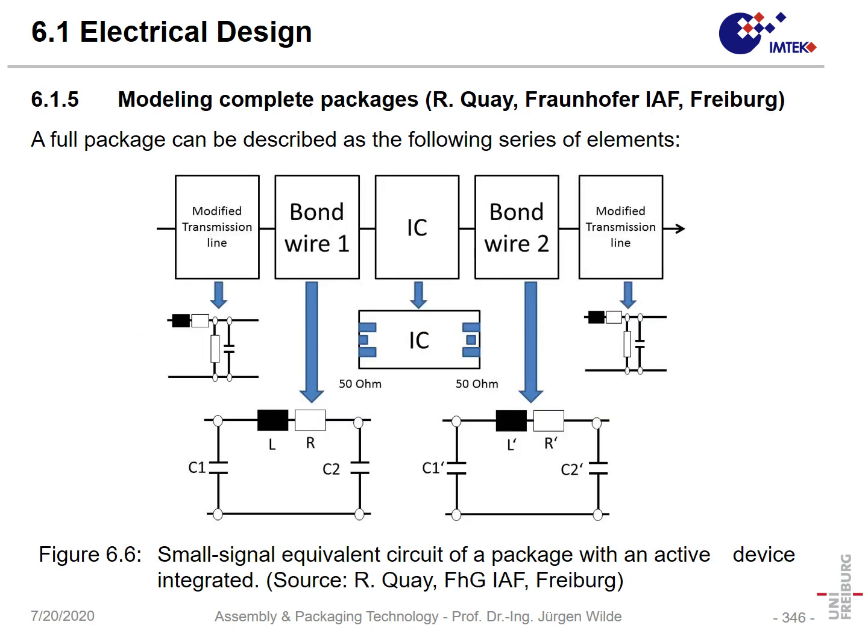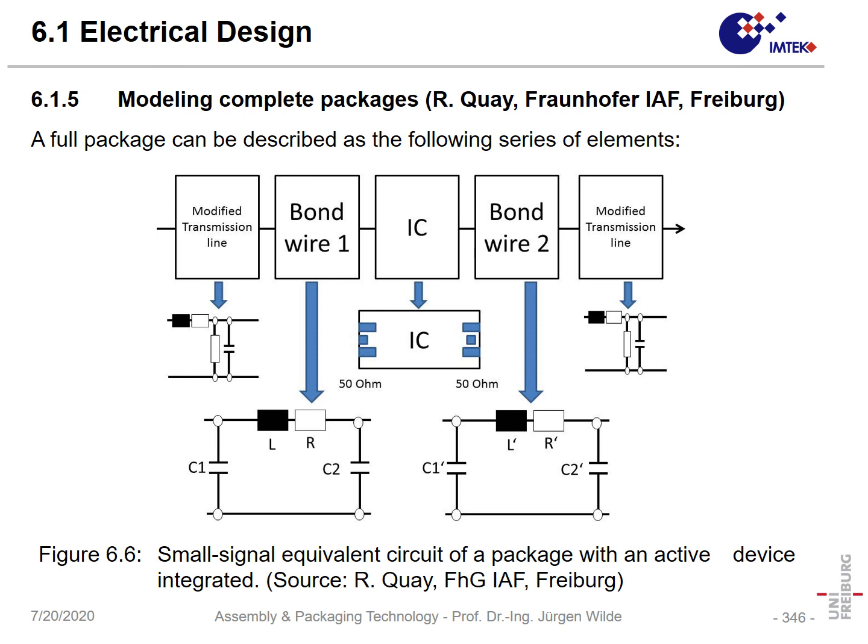Okay, here is an example that was provided by Dr. Quay. For instance, we have a high frequency IC, in the 100 gigahertz range or so. So we come with a modified transmission line.